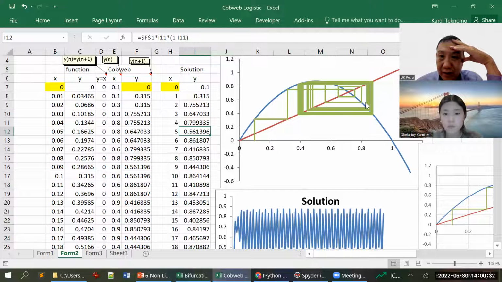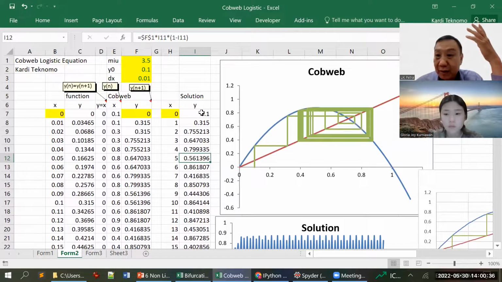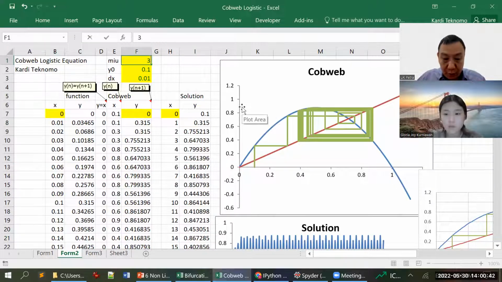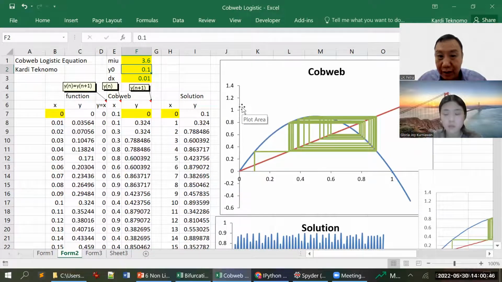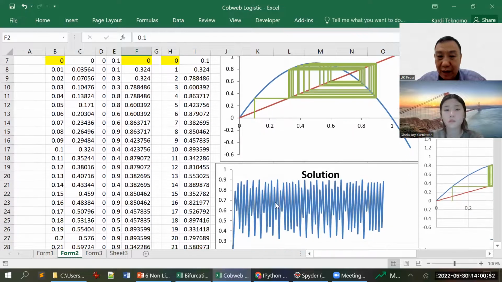So there is a certain number of cycles. The number of cycles will increase. If I put 3.6, for example, again the number of cycles goes up. So there are certain values that repeat.